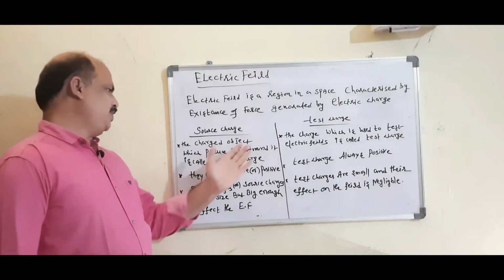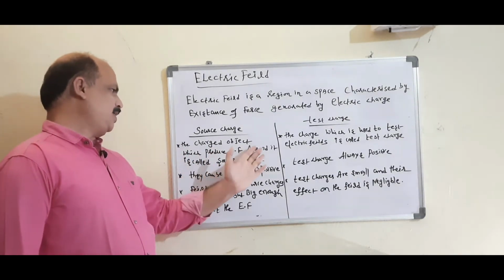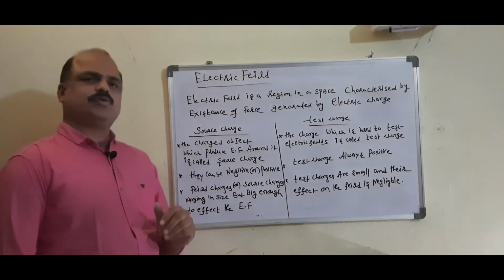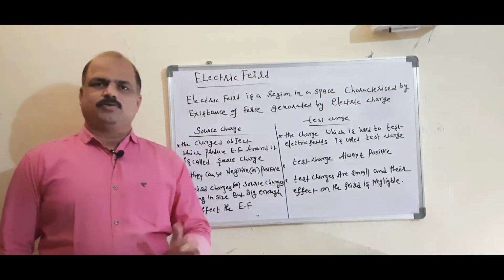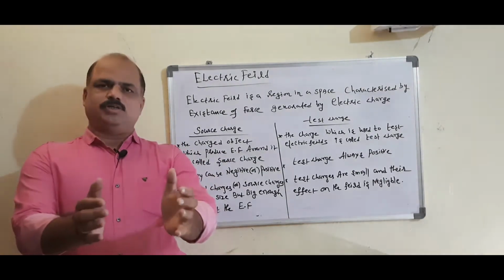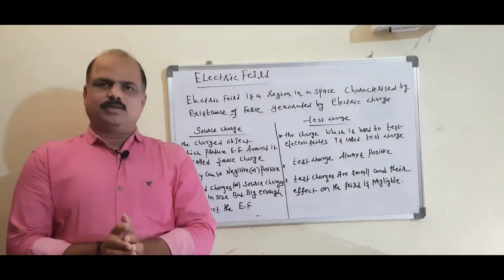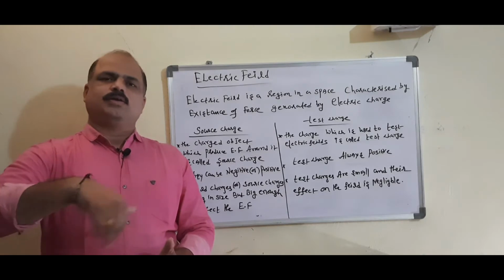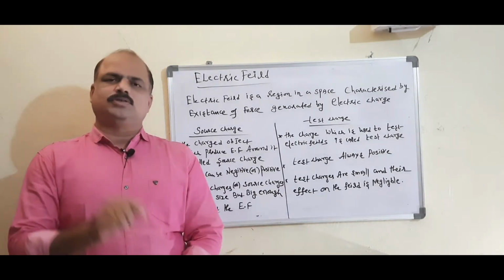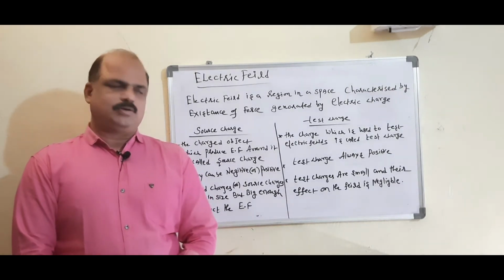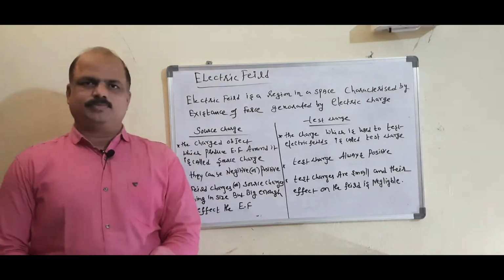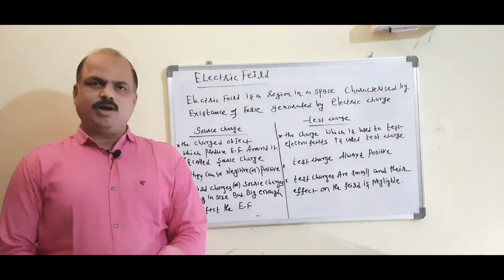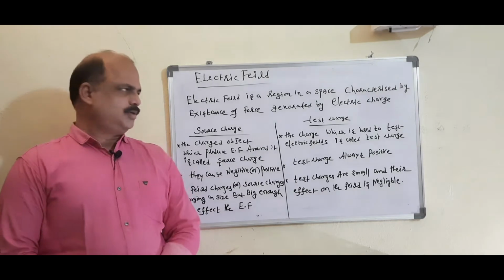The charged object which produces electric field around it is called source charge. Whenever a charged object is placed at some point, it produces an electric field around it. That charged object is called source charge.